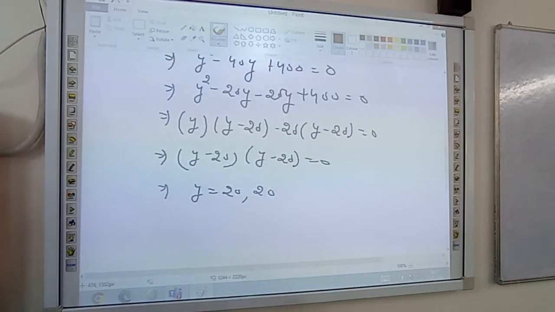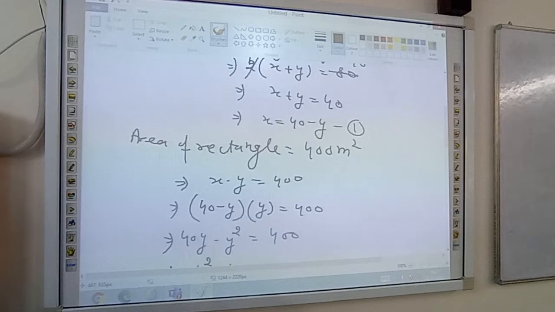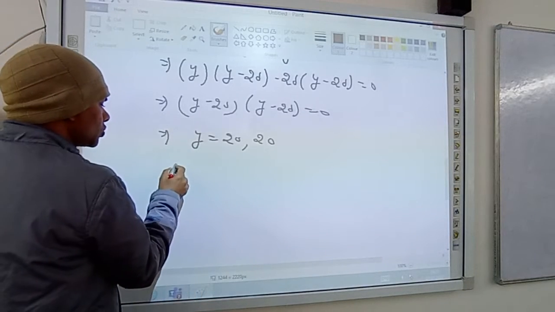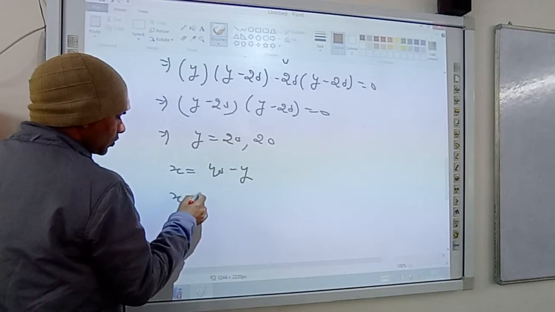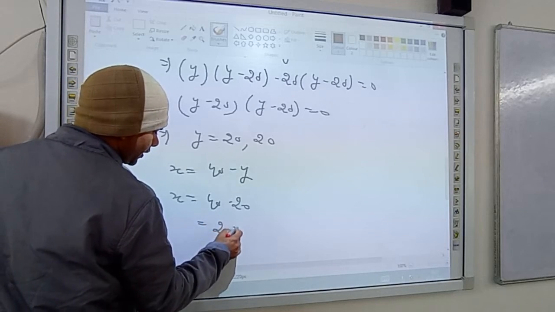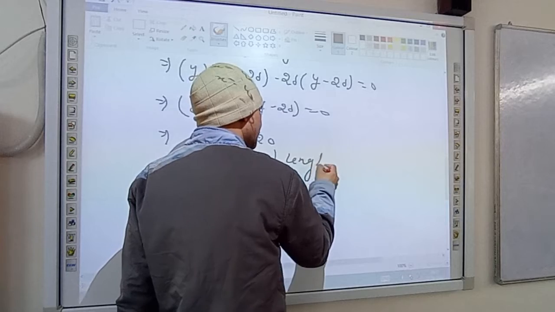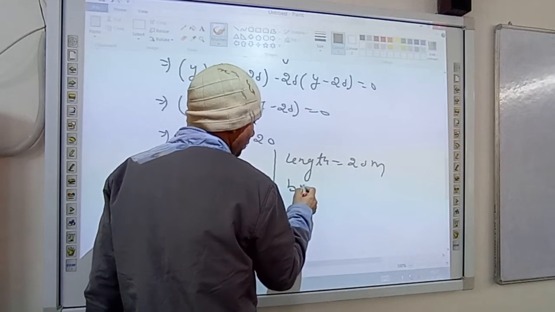If breadth is 20, then x is equal to 40 minus y, which is 40 minus 20, that is 20 meter. Therefore length is 20 meter, breadth is 20 meter.